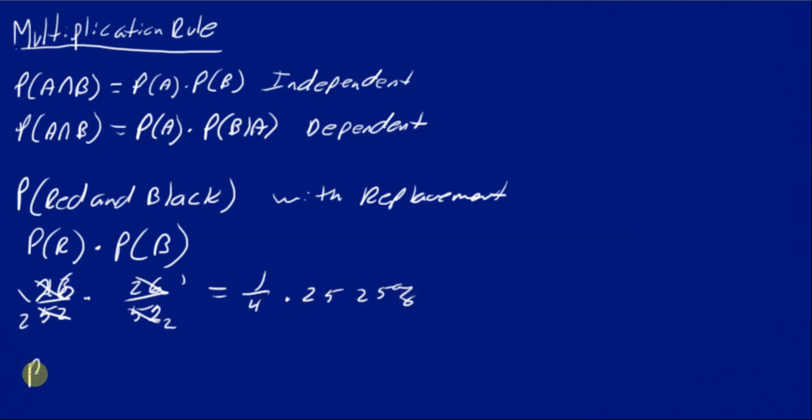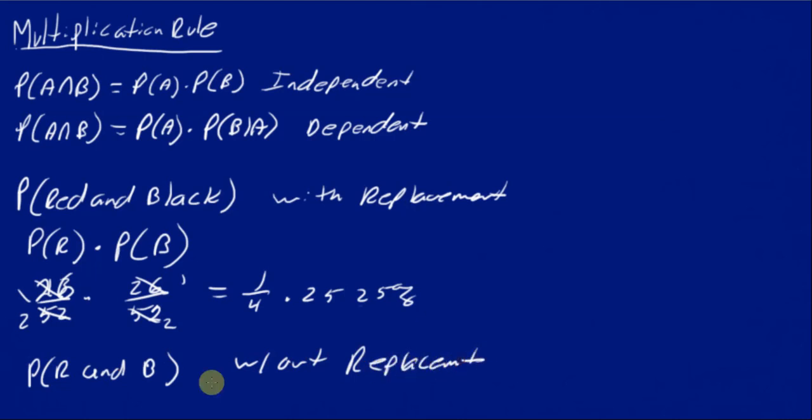So I can do the same thing, the probability of a red card and a black card without replacement. Now the second draw is definitely affected by the first draw. So I'm looking at the probability of red multiplied by the probability of a black, given that a red has already occurred.